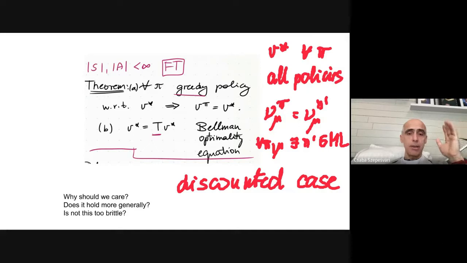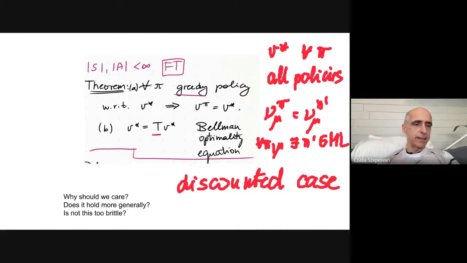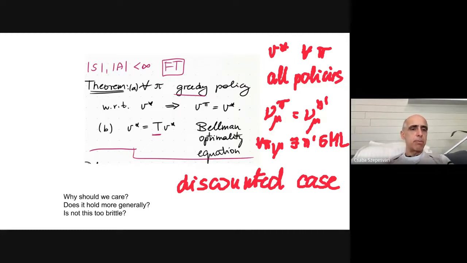So the total reward undiscounted setting is quite delicate because how do we know that these value functions are even well defined? Maybe these values could be minus infinity or infinity. So there are all of these questions that arise, and people need to add additional conditions under which all these values are well defined.